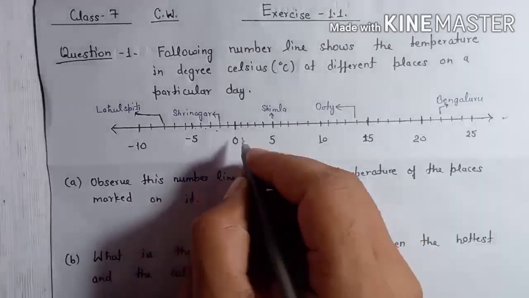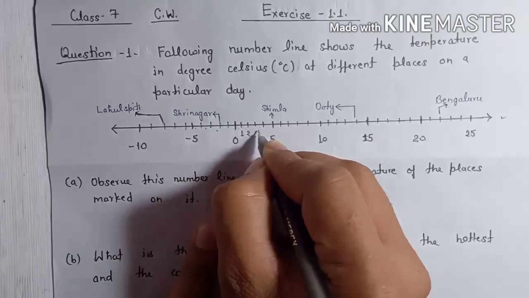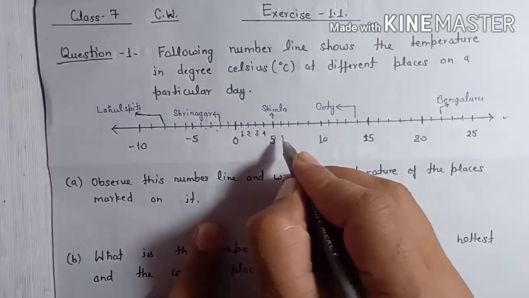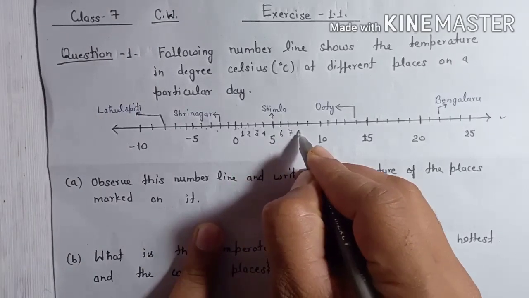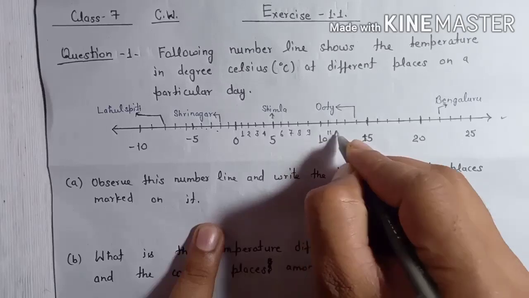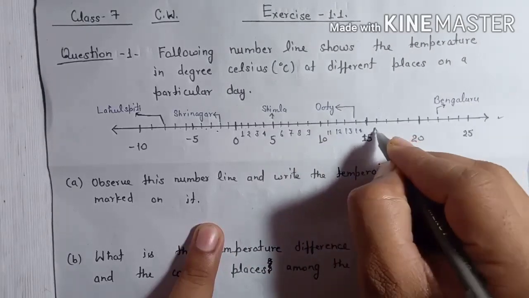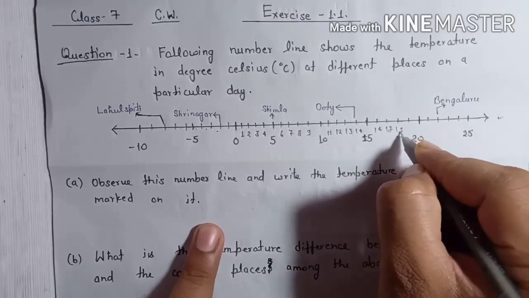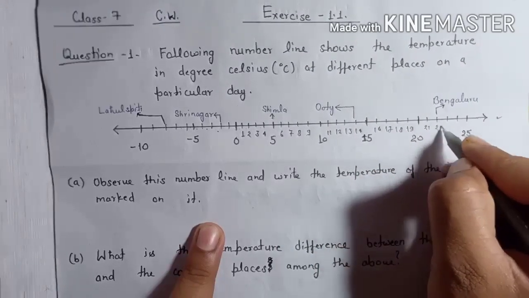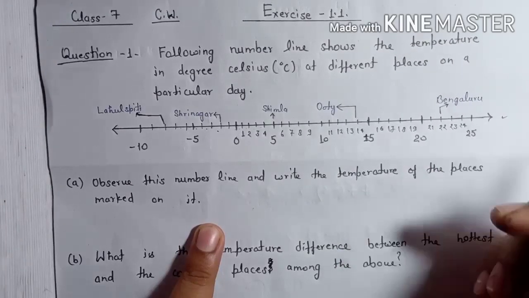this is 1, this is 2, this is 3, this is 4 and that is 5, 6, 7, 8, 9, 10, 11, 12, 13, 14, then 15, 16, 17, 18, 19, then 20, 21, 22, 23 and 24, then 25.